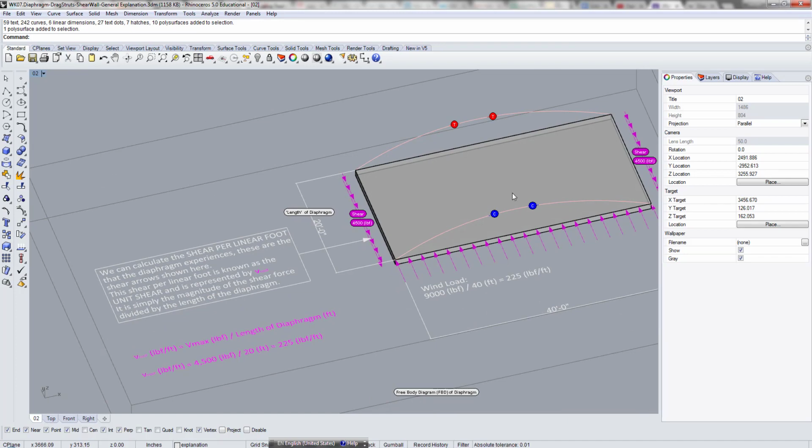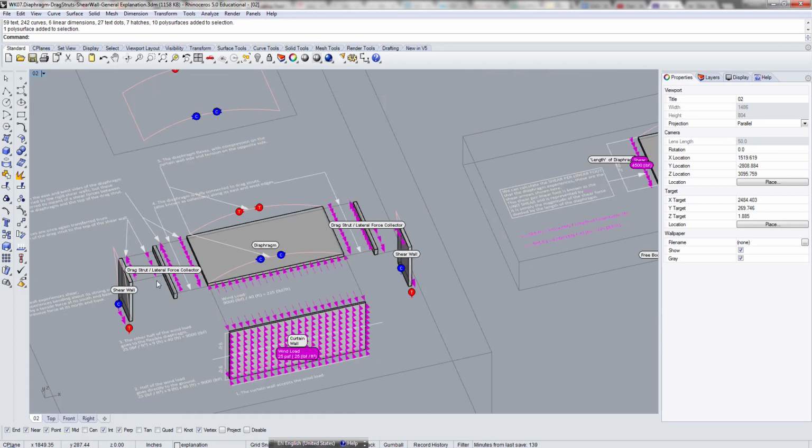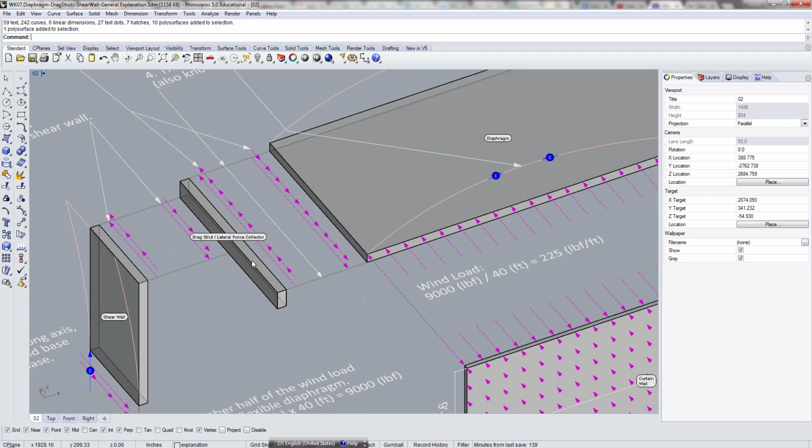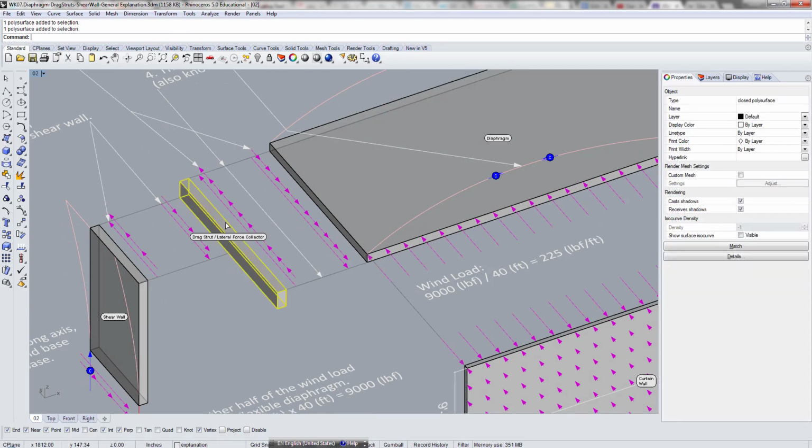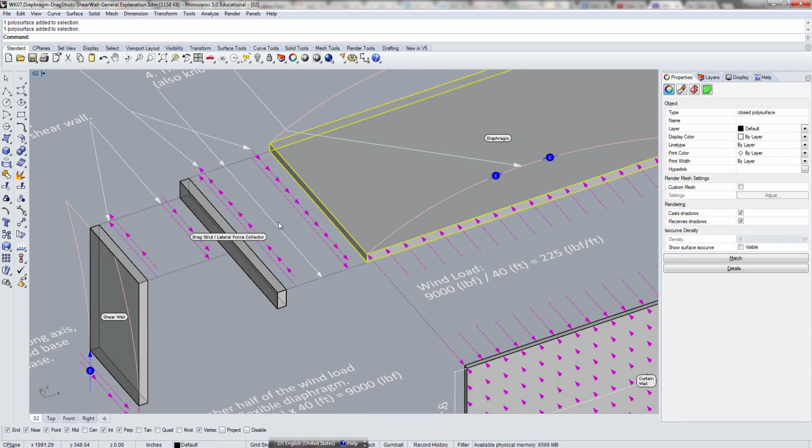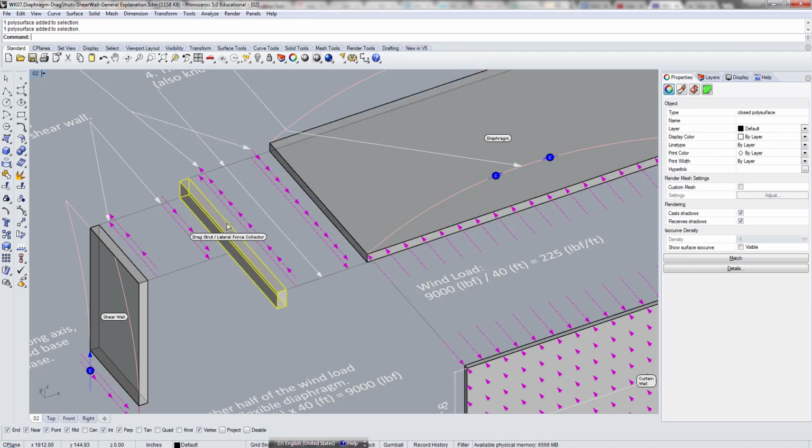Before getting into this, you see how the shear that's happening between the diaphragm and the collector, which is along this whole length, has to be the same amount as the shear between the shear wall and this beam.